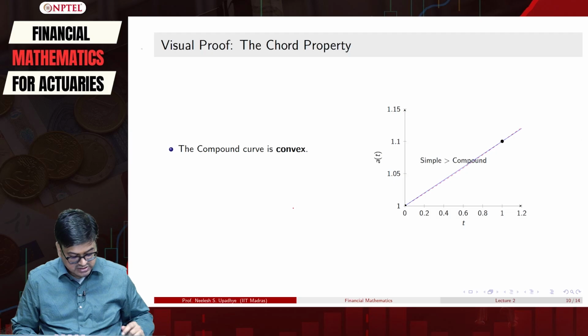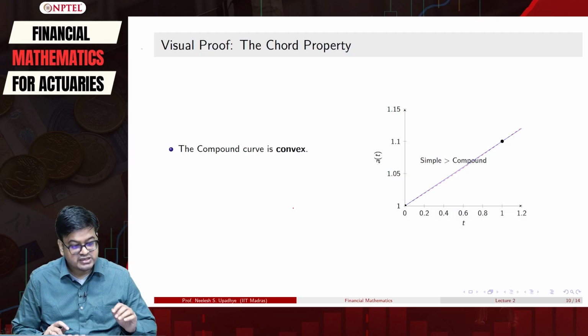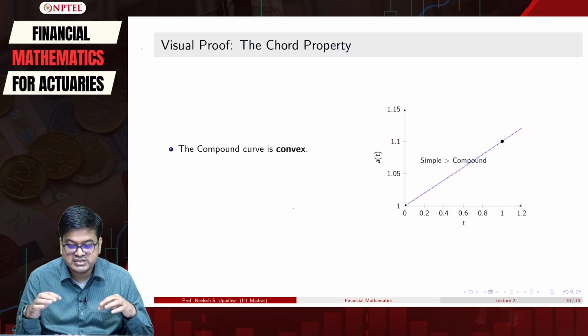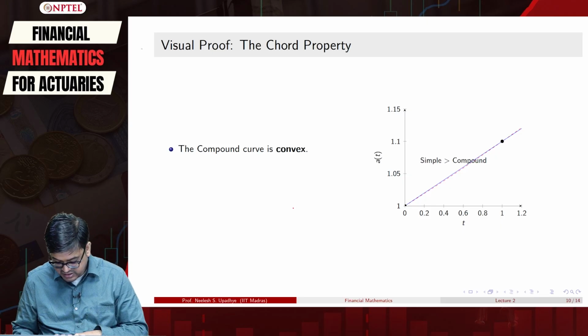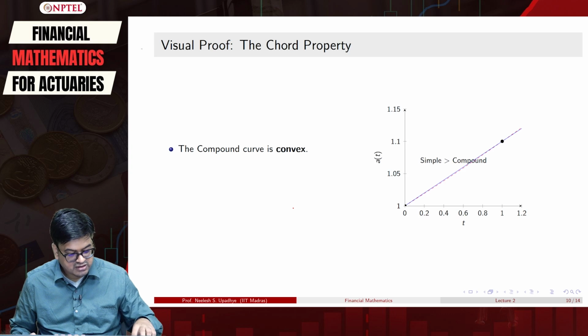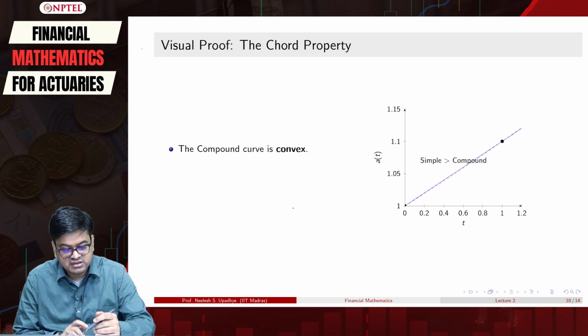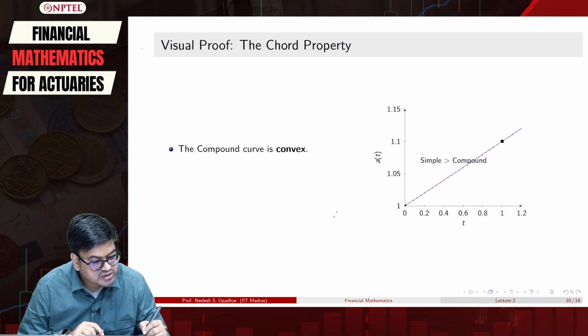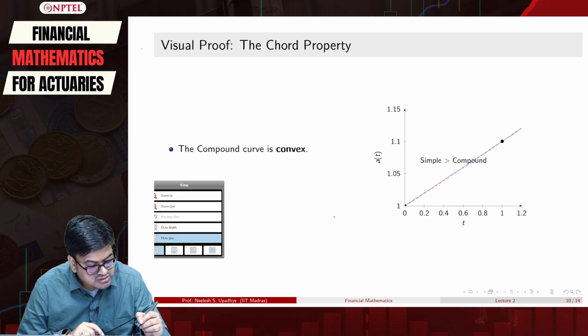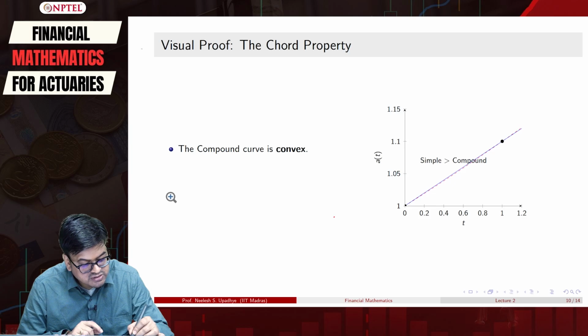And how this becomes more prominent is because of the convexity of this interest rate curve. Though it is not clearly visible, I will zoom in so that it will be slightly visible.